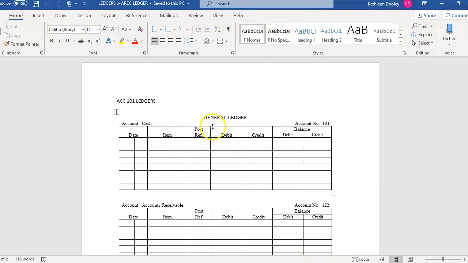Okay, so here's our general ledger. That includes a ledger account. In real life, it would have one for every account that's in the chart of accounts. Now here for Chapter 10 and 11, this one's for Chapter 10, and it only has the accounts that you actually need. I did not include all the rest of the accounts.